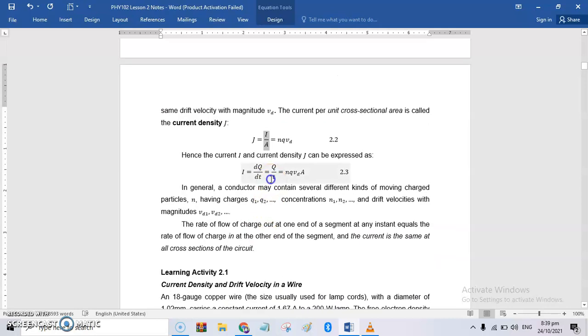Next. Hence, the current I and the current density J can be expressed as I equals the concentration, the charge, the drift velocity, and the area of the wire.